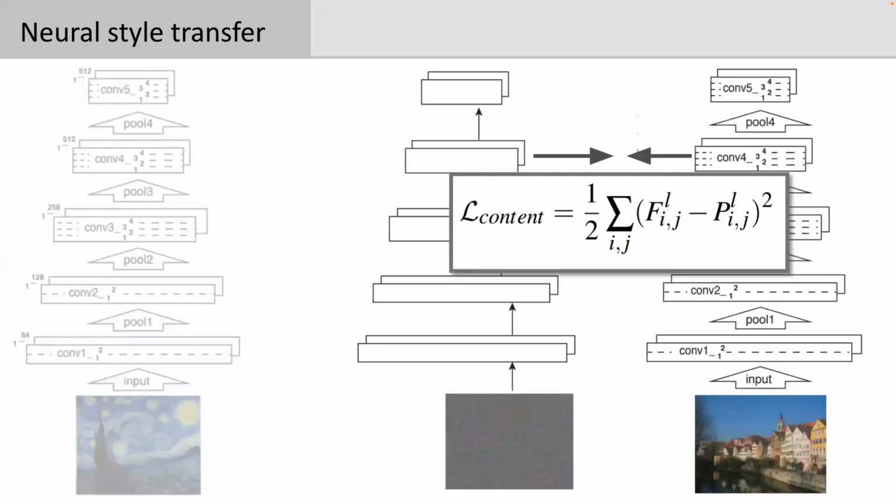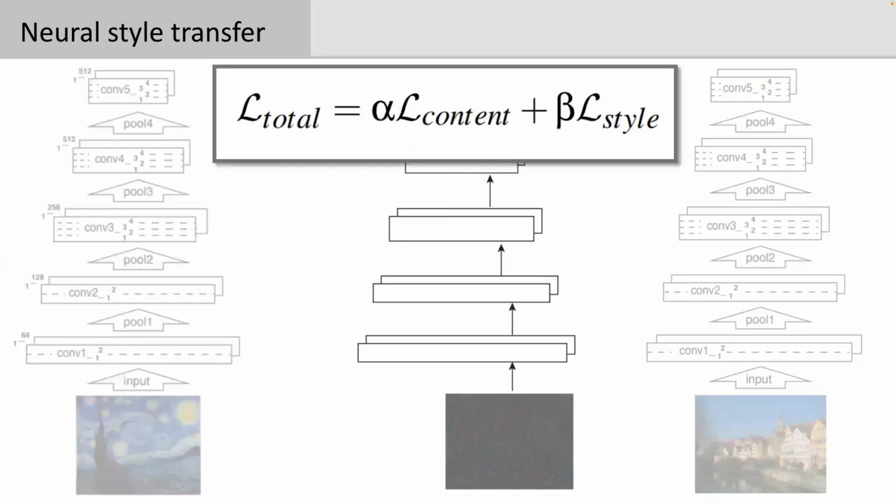And then, as we said before, we take a linear combination of these two functions, and we can actually train the coefficients to strike a balance between content and style, because we want the respective losses to be similar so that we're not biasing towards either content or style.